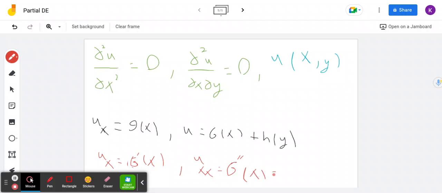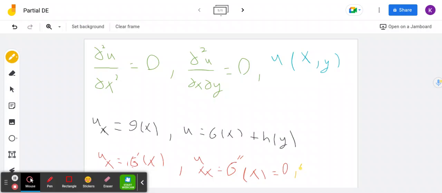So what we have is a function in terms of x whose second derivative is equal to 0. This is a pretty basic ordinary differential equation, because if you think about it, what function has a second derivative of 0? If we take the integral of this, g prime of x becomes a constant c, and we take the integral a second time, g of x, the original function, would be cx plus a, a linear function.